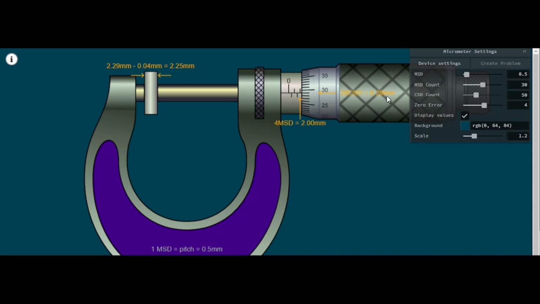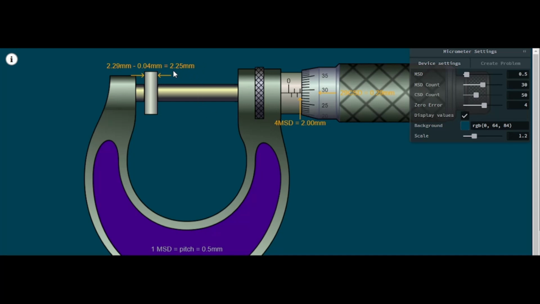That means 0.29 millimeter is on the circular scale. So 2 plus 0.29 will give us 2.29 millimeters. So our micrometer screw gauge reading now is 2.29 millimeters, which is 4 more compared to the actual thickness of this piece.